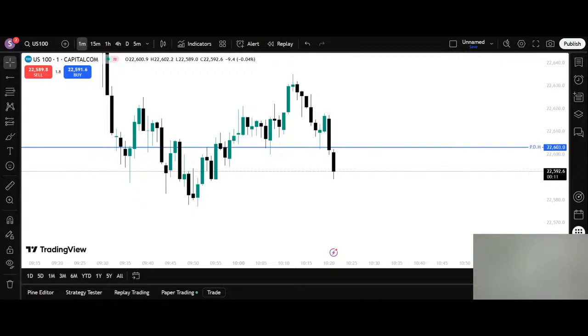Still going to be waiting for it. Let's see. If these candlesticks have a very bearish close, I'm going to sell.